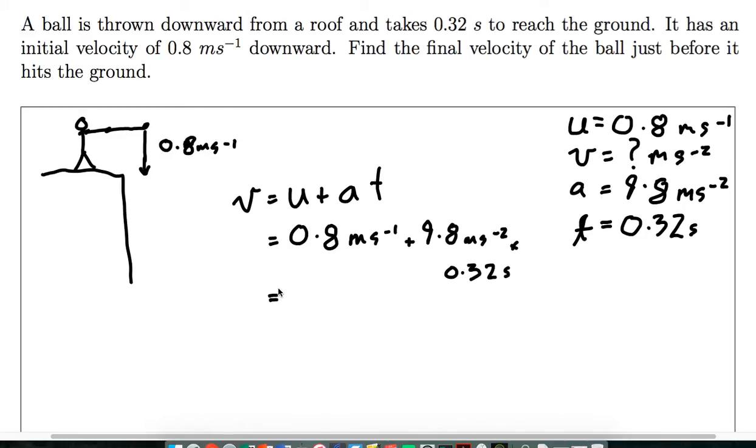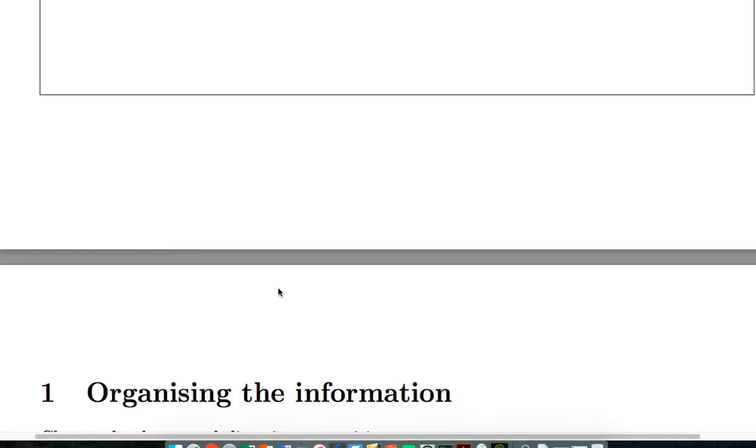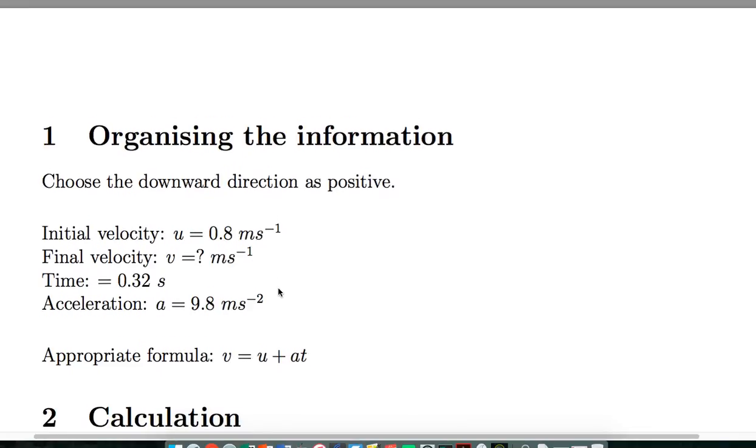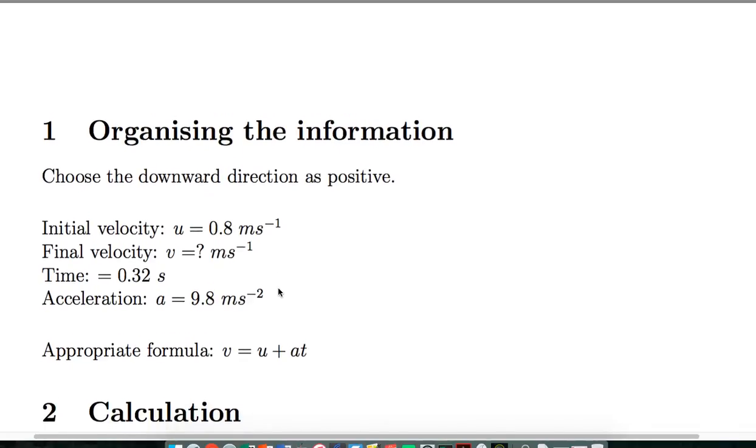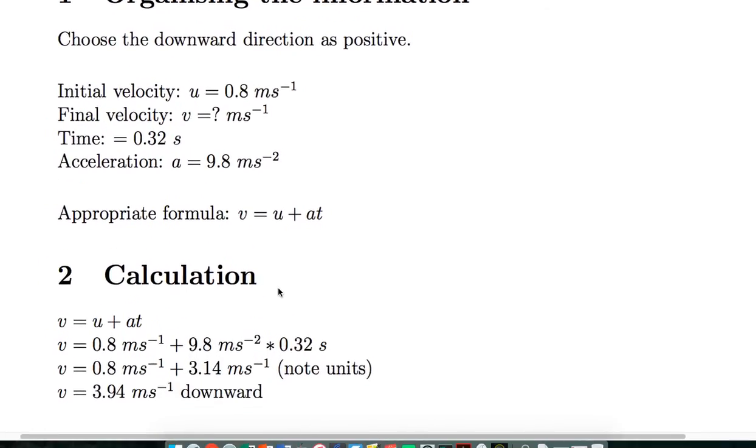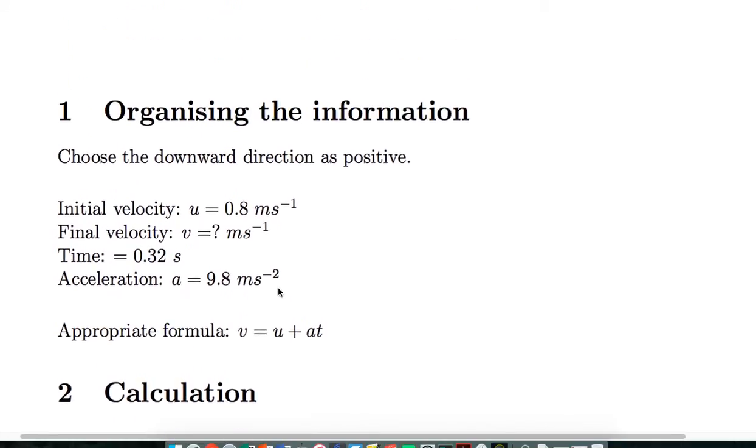So in this case, that's going to end up adding up to, let me just double check the answer. So that's going to be 0.8 plus 3.14, which looks awfully like pi, but that's really just coincidence. 3.14 is 3.94 meters per second overall.